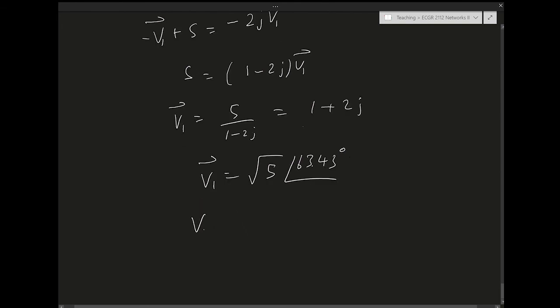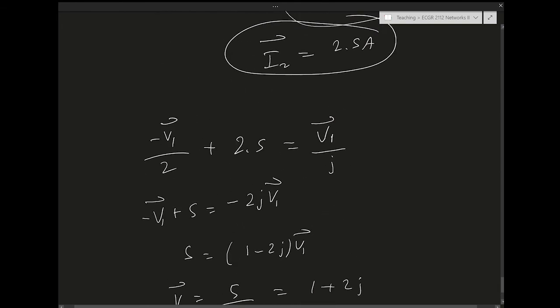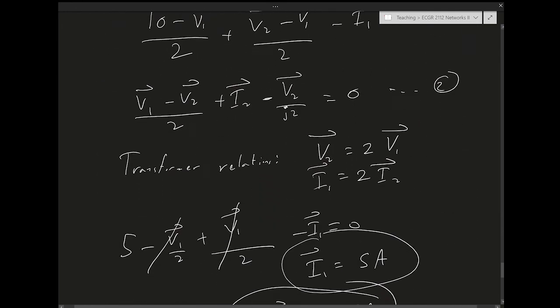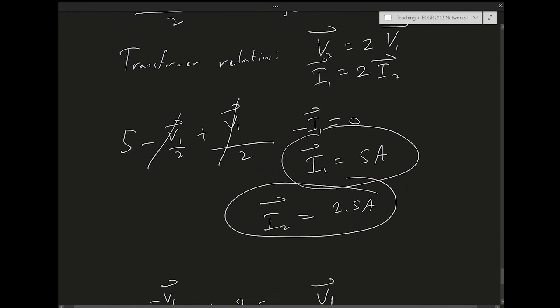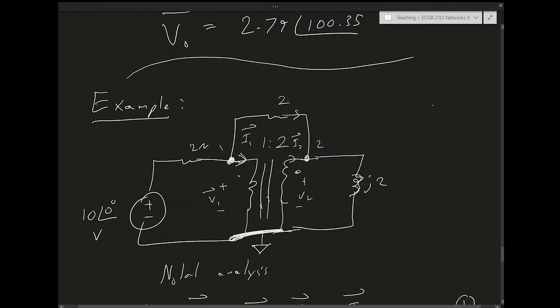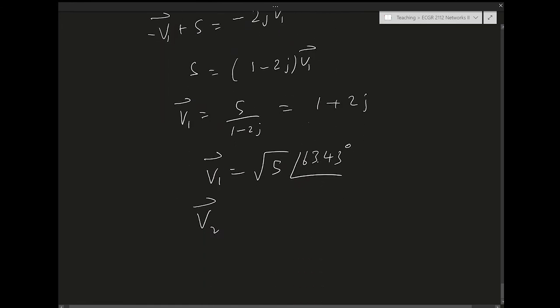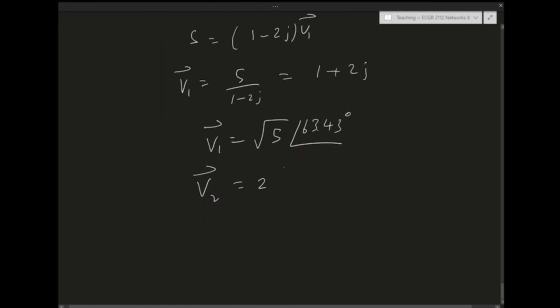V2 comes from the transformer relationship. V2 is just 2V1, so V2 is just going to be 2 square root 5, 63.43 degrees volts.